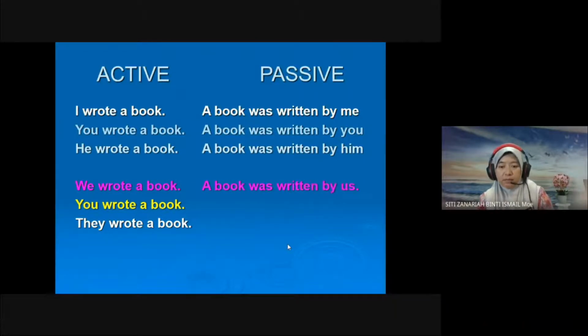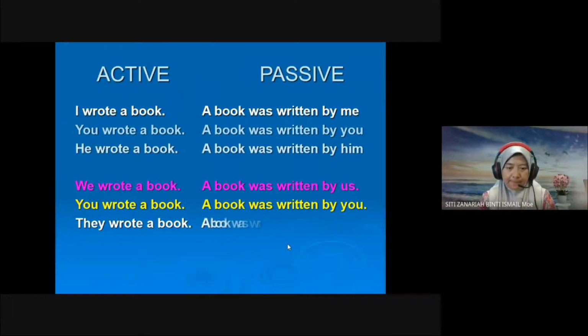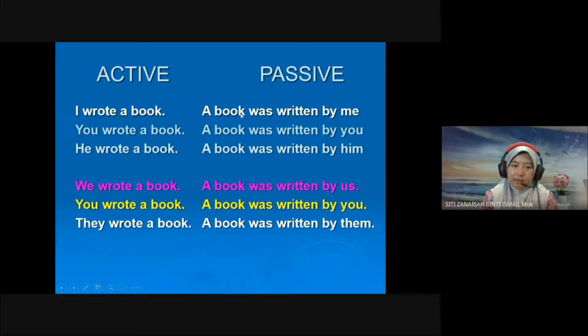A book was written by us. And this is the last sample. A book was written by them. Here you can see the use of past participle. And bear in mind, if the verb in the active voice is past tense, it should be written in past tense here. Wrote, was. Okay, it is the relationship of active and passive voice of sentences in both examples.